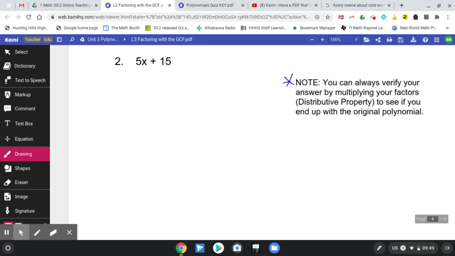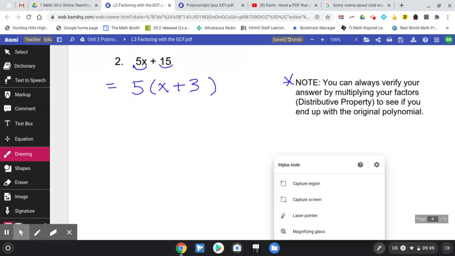Okay, for number 2, I'm looking for a common factor for these two. So the greatest common factor, we call it the GCF, is 5. And the other factor, I'm going to need an x plus 3. So when I do my little mental check, 5 times x is the 5x, and 5 times positive 3 gives me the 15.